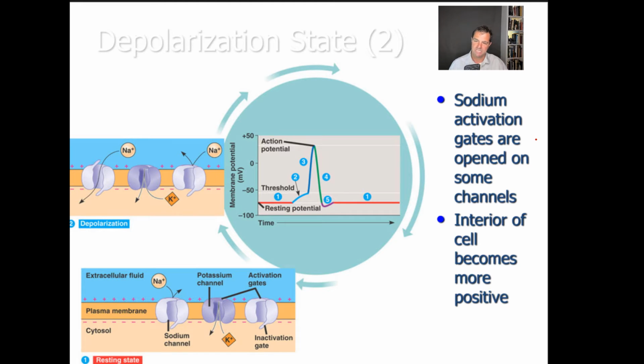Then during depolarization, that's number 2, the sodium activation gates are open on some of the channels, and that allows some of the sodium to come in, and the interior starts to become more positive. It's still negatively charged because it starts at minus 70. So if it goes to, say, minus 45, it is more positive than it was before, but still negatively charged.